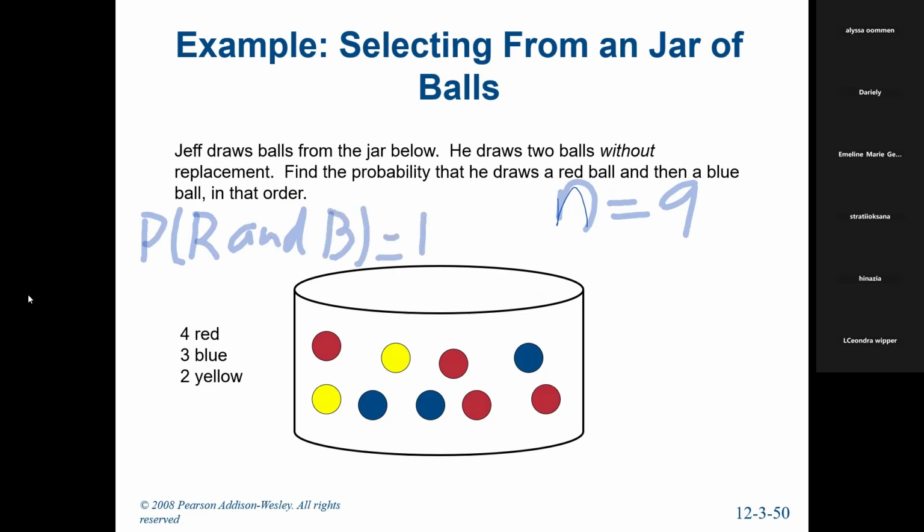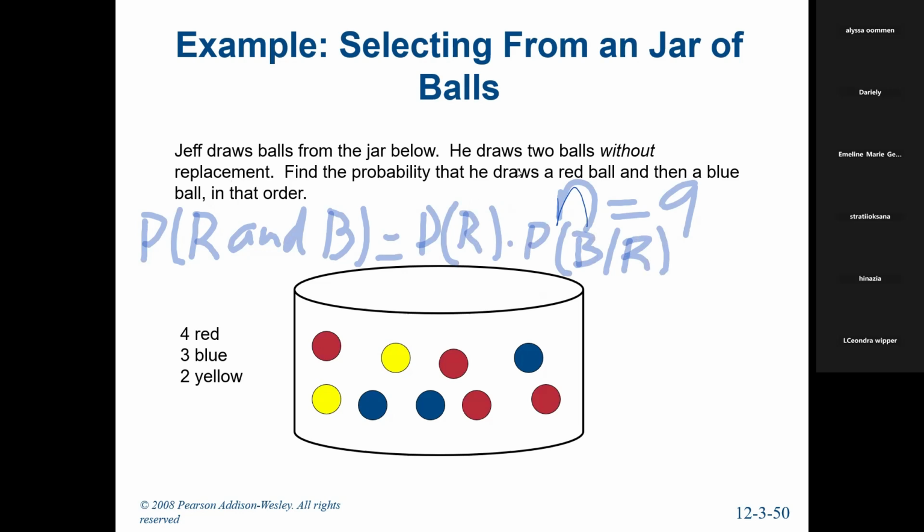So that will give you P of A, P of the red ball, times P of blue given it's a red.